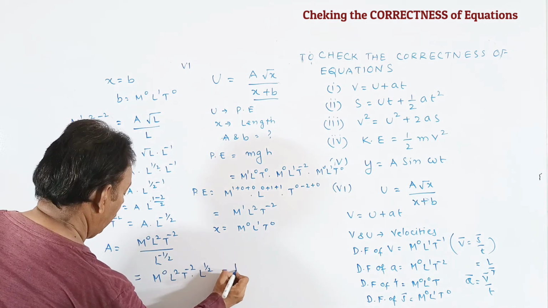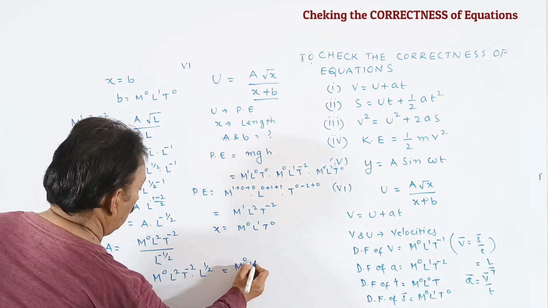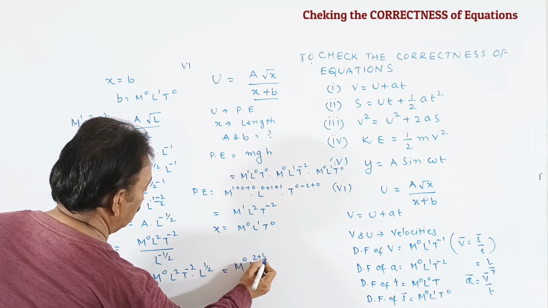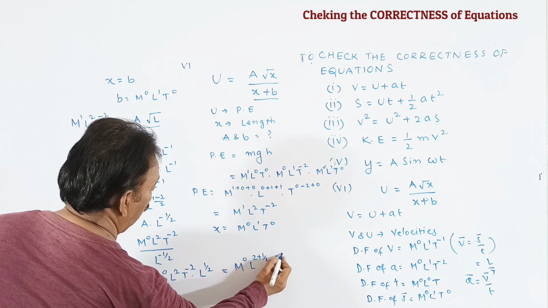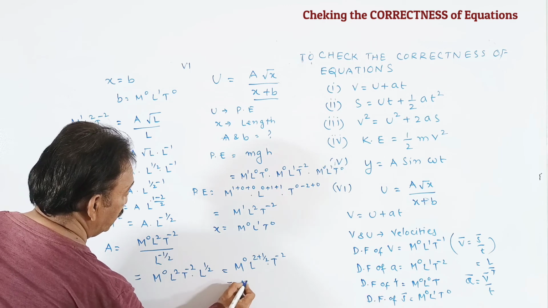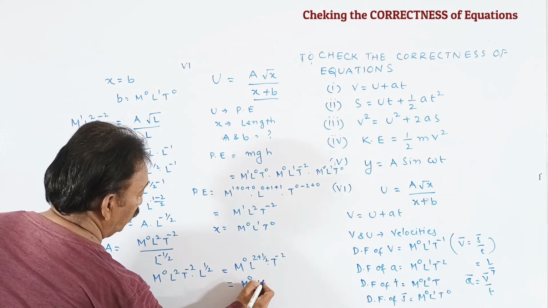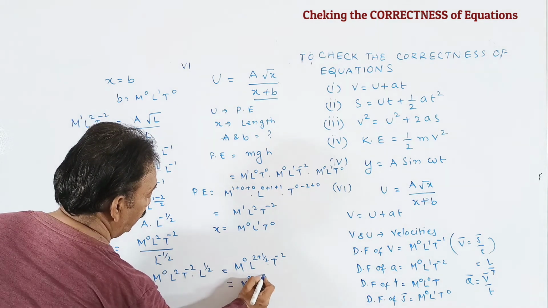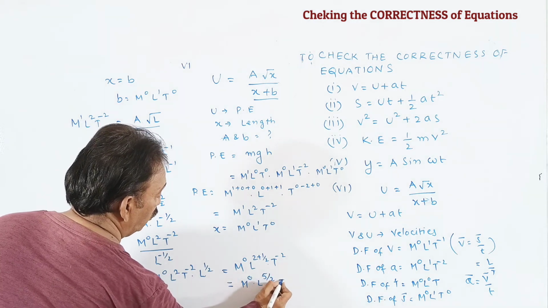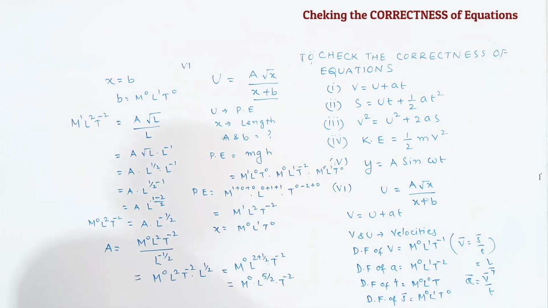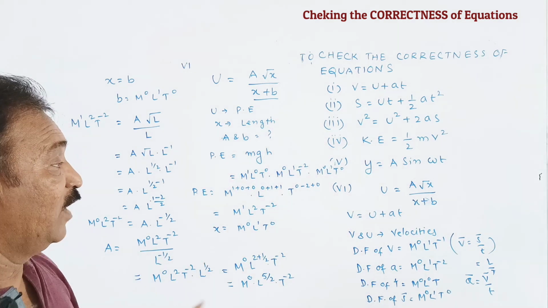Finally, it can be written as M0 L to the power of 2 plus half into T to the power of minus 2, that is M0 L to the power of 5 by 2 into T to the power of minus 2. In this way, you can find out the constant values also.